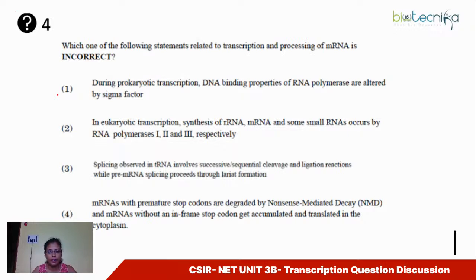Now here again, first you answer, then I will say this. Try the answer. If you have the splicing concept clear, splicing of mRNA, splicing of tRNA, how tRNA is processed, how mRNA is processed.